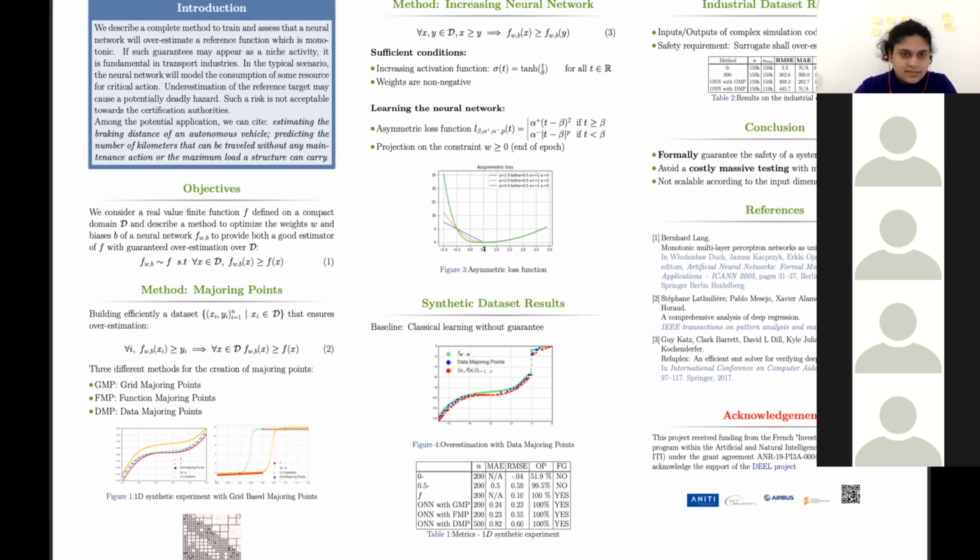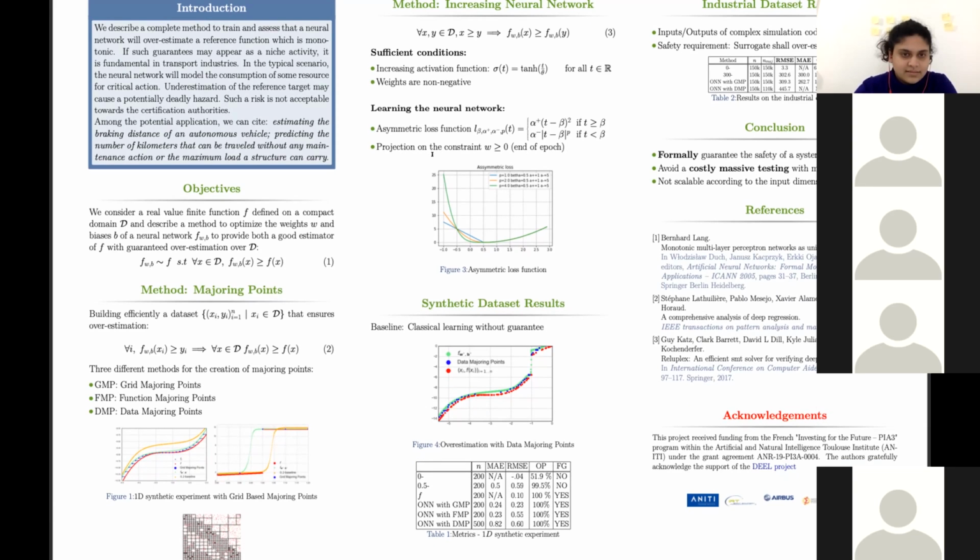By using this kind of loss function, you will be able to always train your network with a non-negative error. The second part is to have all weights positive, to have an increasing neural network. The way is to project all the weights to zero at the end of the epoch.